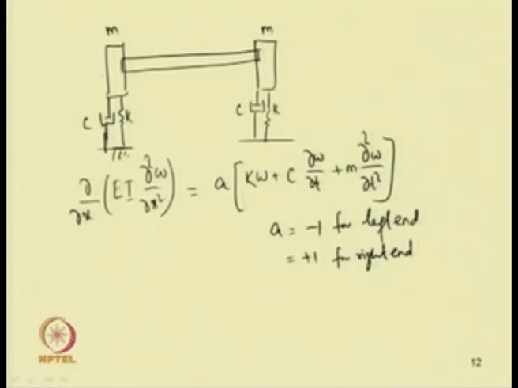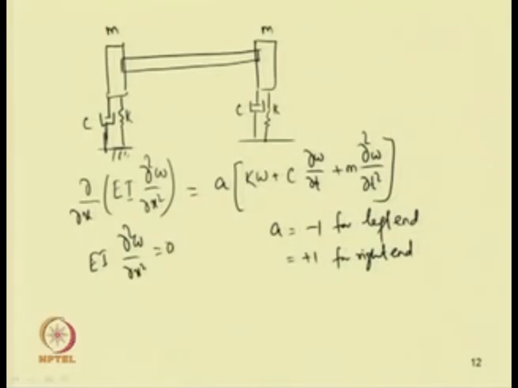If one takes the left side, the shear force will be negative. Also, in addition to this, the bending moment will be equal to 0. So, one can write EI ∂²W/∂x² equal to 0.